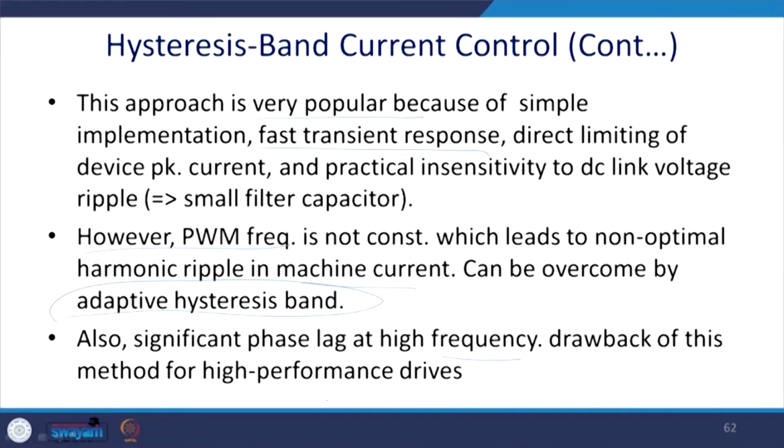Also there is significant phase lag at the frequency, because you start with the lag and there is no lag compensator, because the hysteresis will prevail, and thus you will have a steady state error. And the drawbacks of these methods are the drawbacks of high frequency devices, and it leads to a time delay system also.